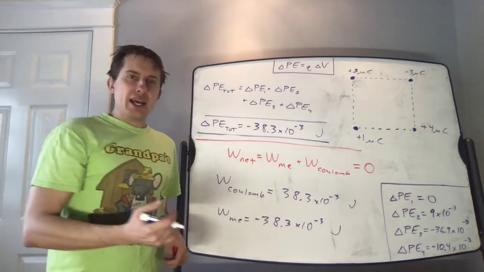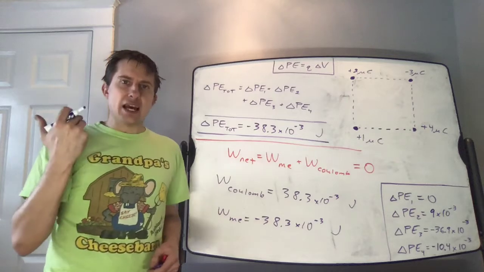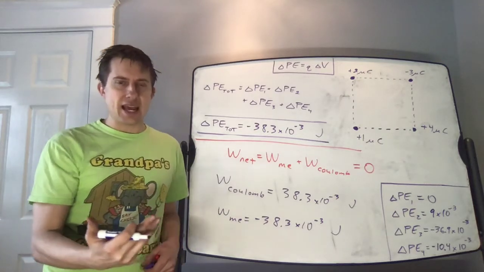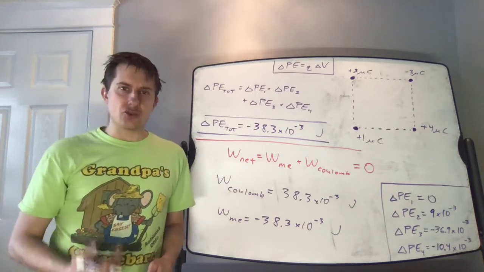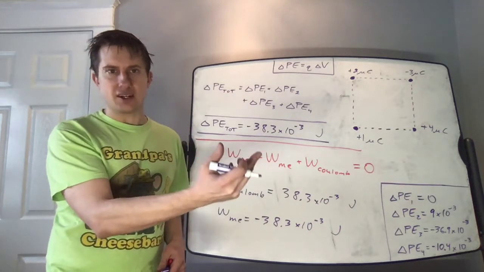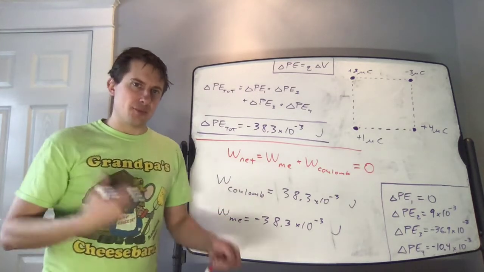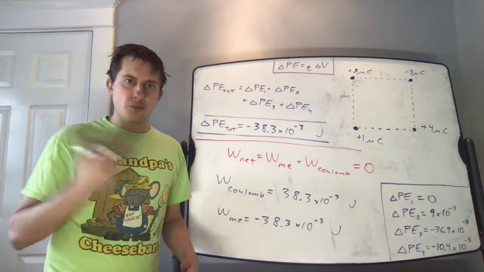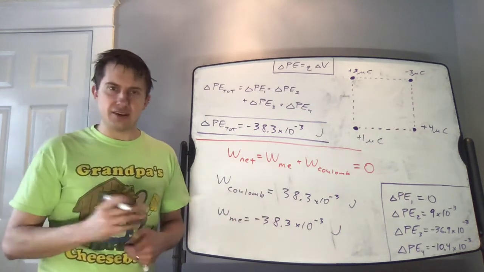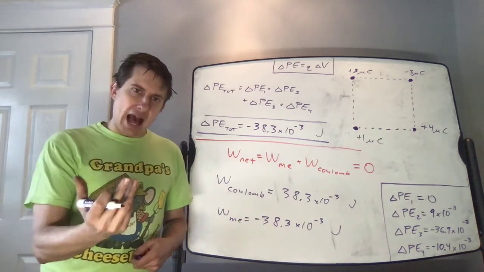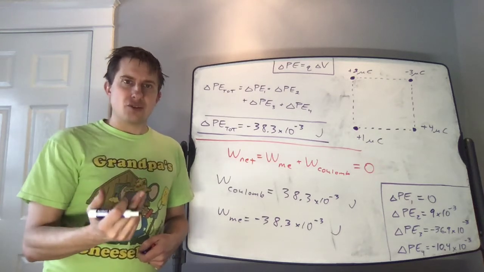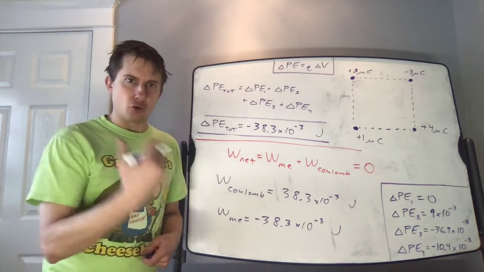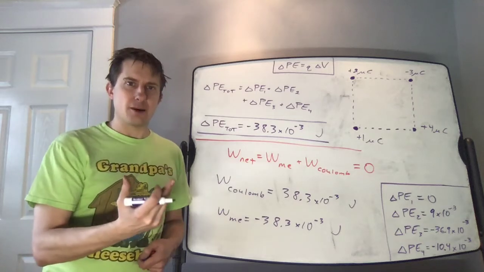If I think of the energy of a system as the amount of energy I need to give or take away from a system in order to assemble that system from all the particles' initial positions being infinitely far away, I could say that the energy of that system will be the amount of work it requires me to build that system.